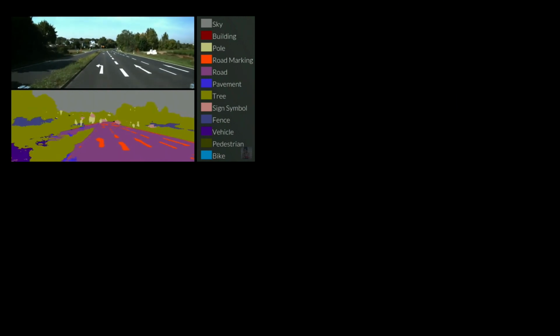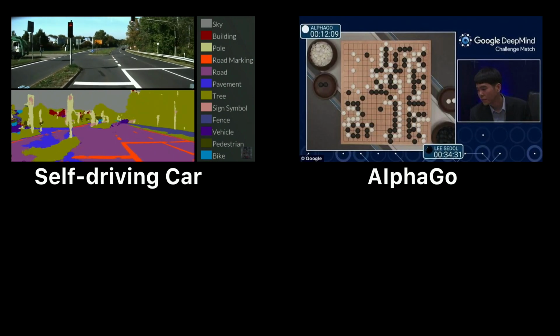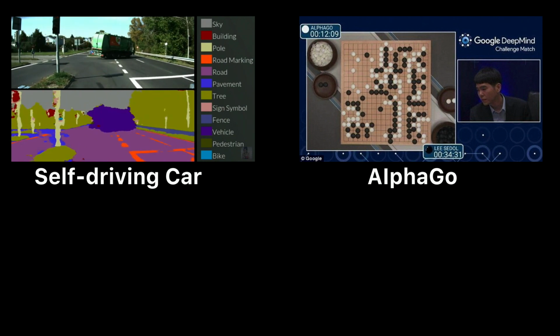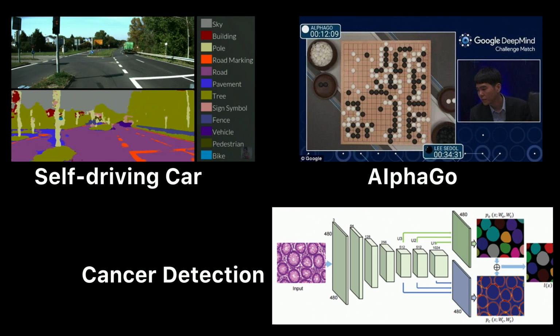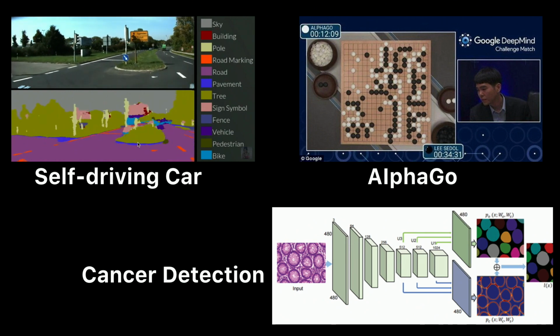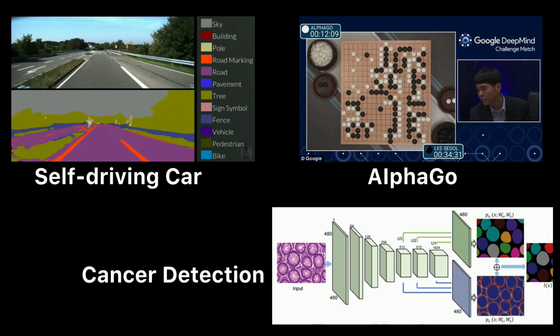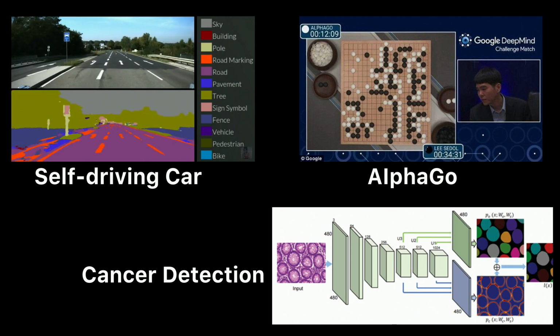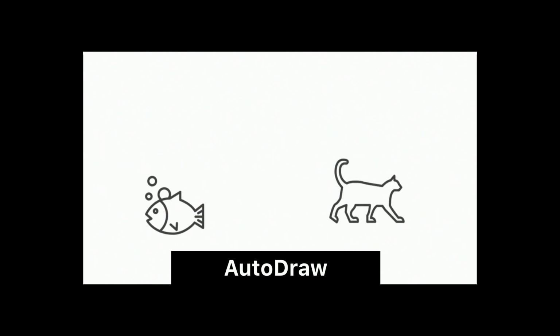For example, self-driving car experiments on public roads have started, or an AI named DeepMind made by Google beat a Go champion, or a cancer detection system using deep learning can work better than human doctors, and so on. But these examples might look like too big projects, so I'll introduce some more examples of applications which use deep learning.